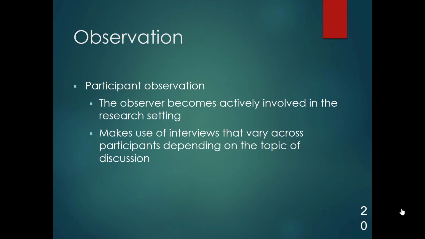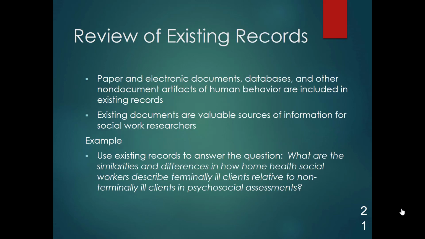With pure observation, the researcher is unengaged and not actively involved at all with the participant. However, with participant observation, the researcher becomes actively involved in the research setting, and they make use of interviews that vary across participants depending on the topics of discussion.